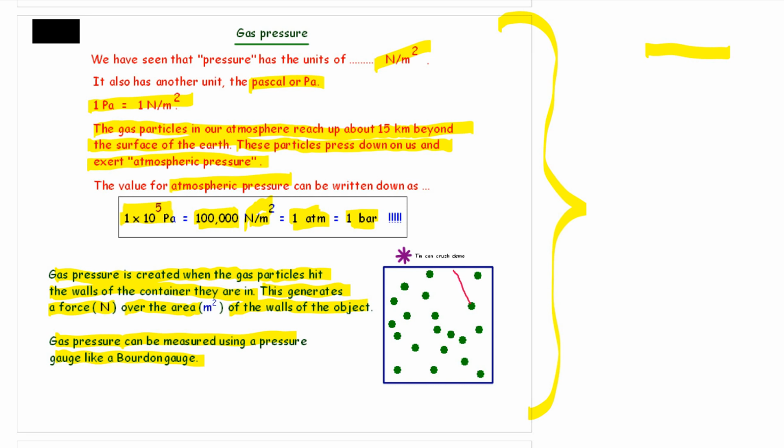They are all moving, hitting the inside of the container, generating a pressure, and then striking each other and then smacking into the container again. So they are generating a force over a certain area, so they're generating a pressure. But of course, on the outside of the tin can, you've got other air particles, crashing in, bouncing off, hitting each other and hitting the can again. And normally those pressures are equalized, so the can is not crushed.